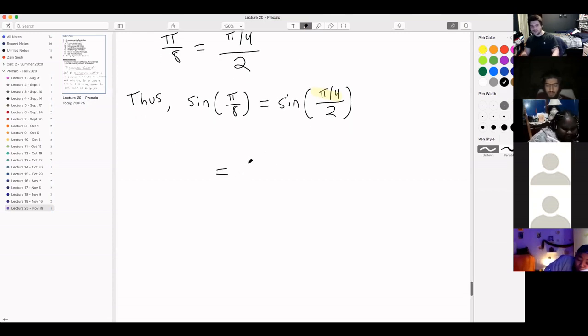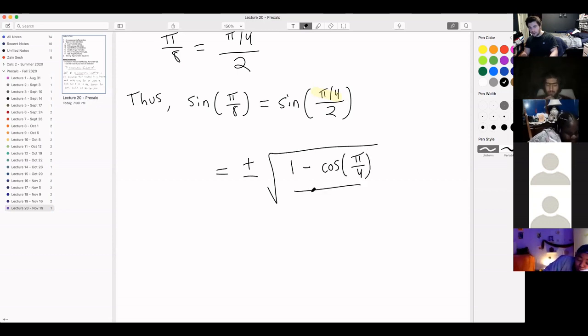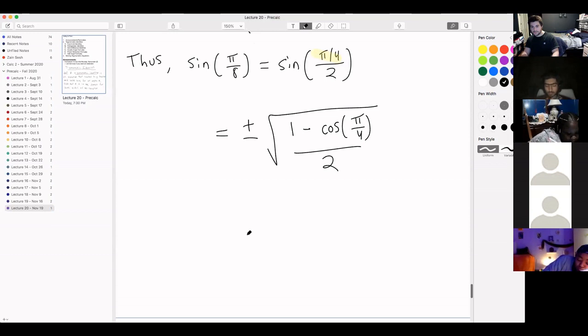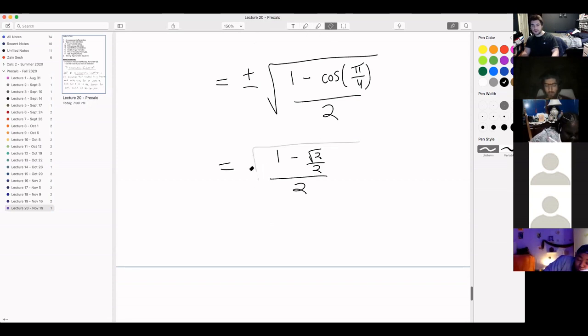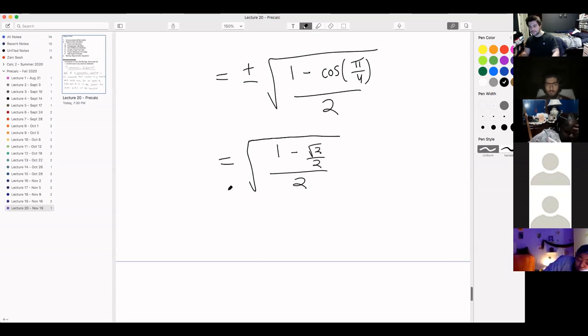So this is equal to plus minus the big square root of 1 minus cosine of pi over 4 over 2. Okay, this is from the half angle formula. And now this is equal to the square root of 1 minus root 2 over 2 divided by 2, and that's all underneath the square root, this fraction.